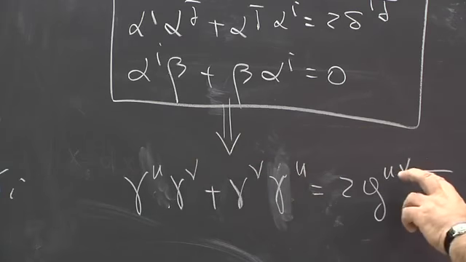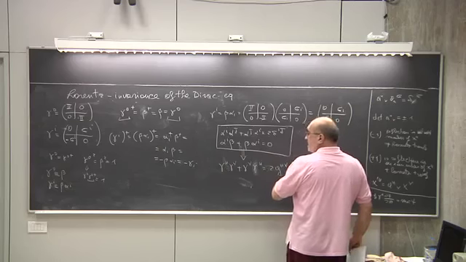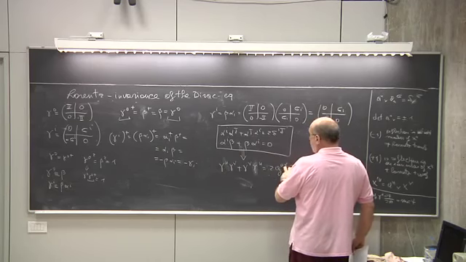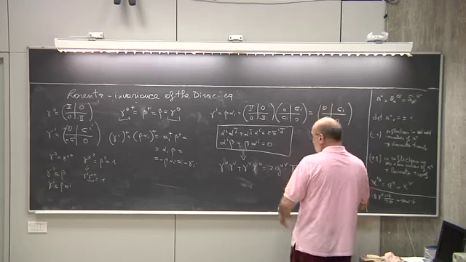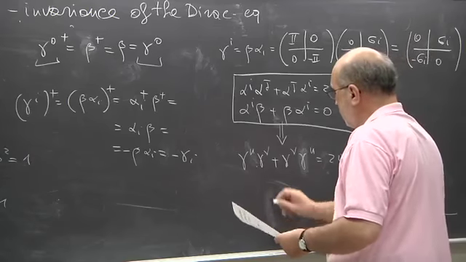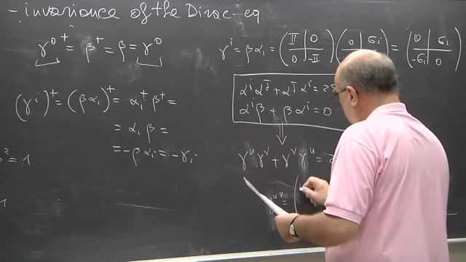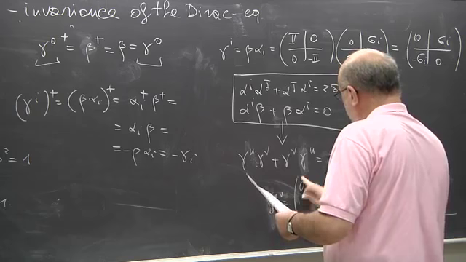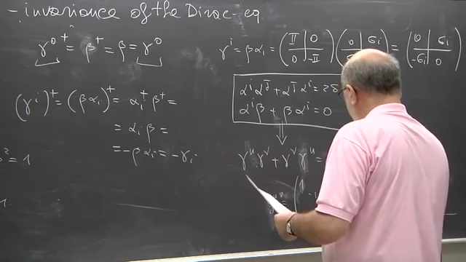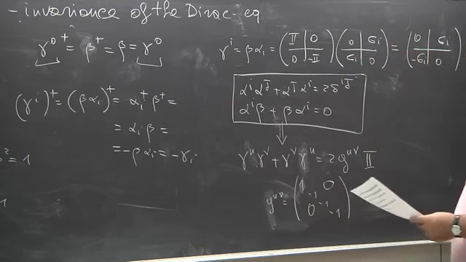You see that if mu and nu are different one from the other, they anti-commute. The g mu nu that I'm using is this one: 1, minus 1, minus 1, minus 1 on the diagonal, and all the rest 0. Okay.